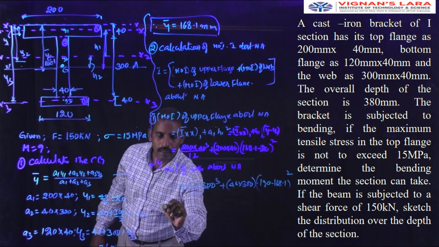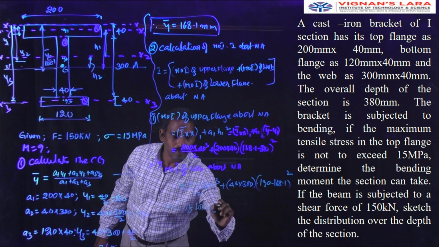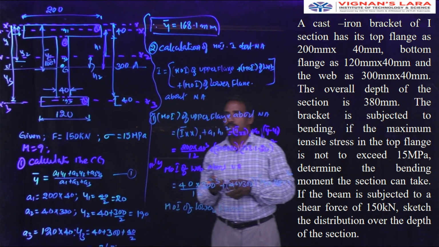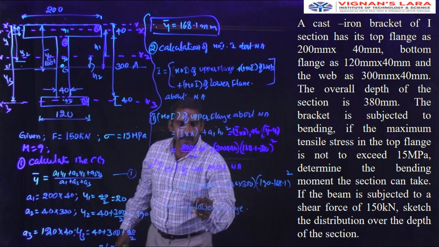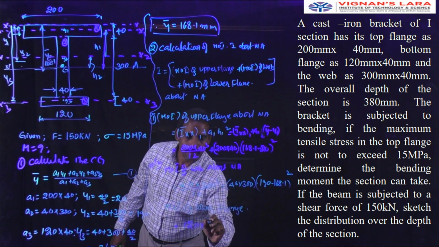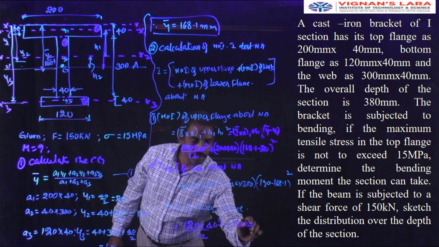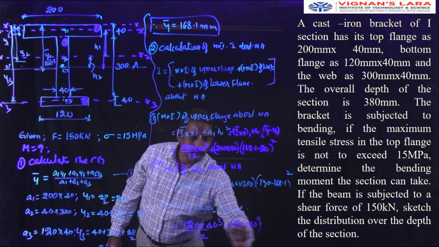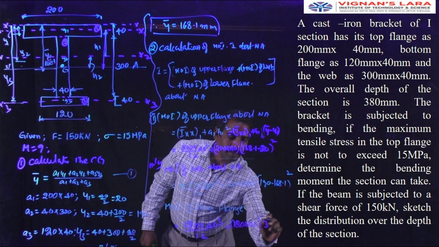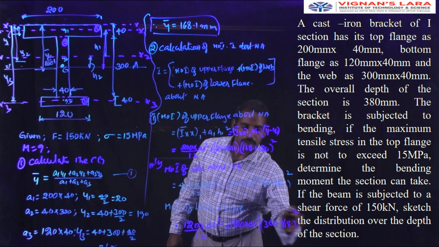Then finally the moment of inertia of the lower flange is 120 into 40 cube by 12 plus 120 into 40 into y3 minus y bar, where y3 is 360, minus 168.1, whole squared.